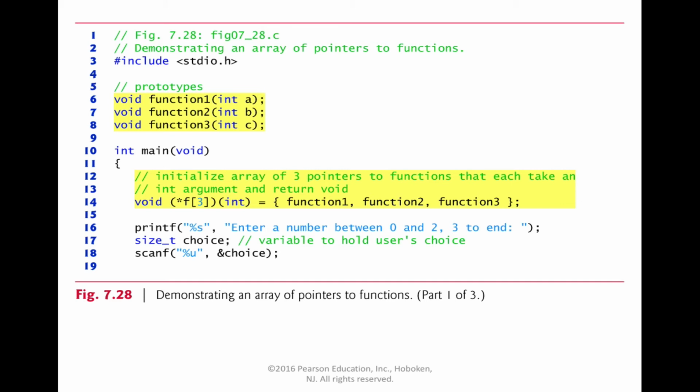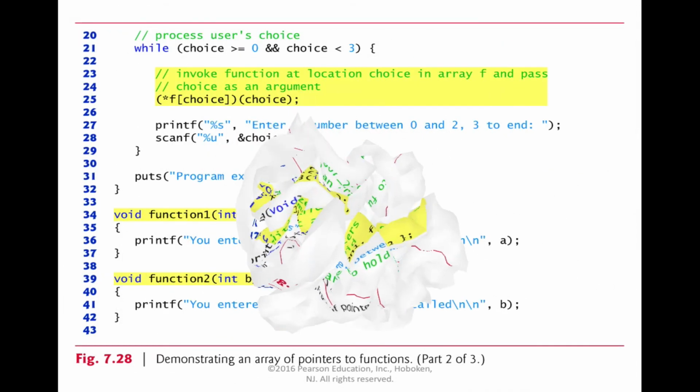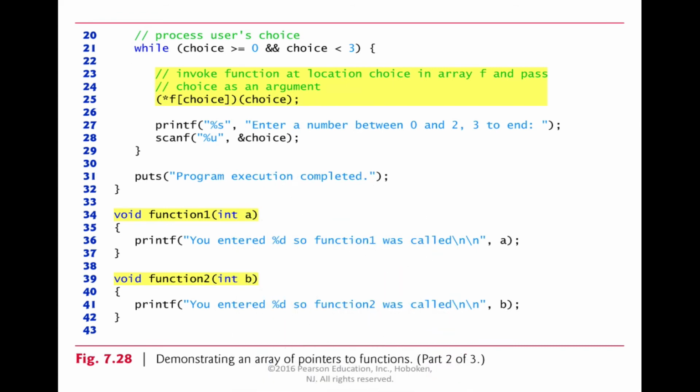We're going to ask the user to enter a number between 0 and 2 with the number 3 to end. We're going to read in their choice. While their choice is greater than or equal to 0 and less than 3, we are going to call the function that they have picked and then ask them to enter a number again.